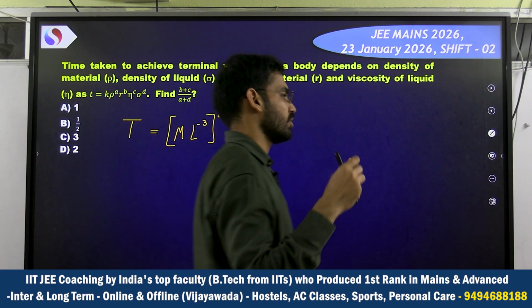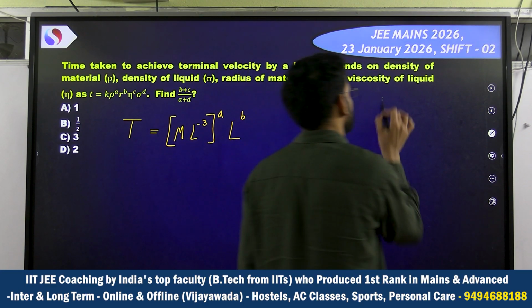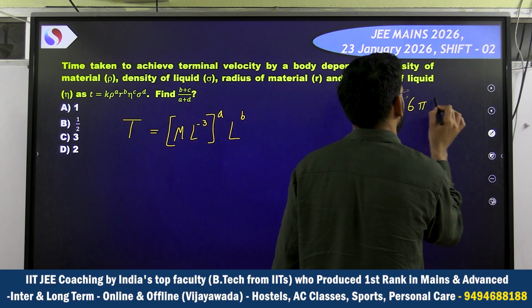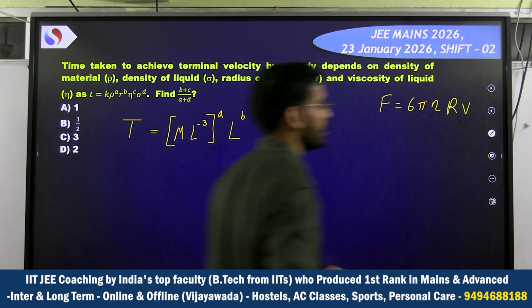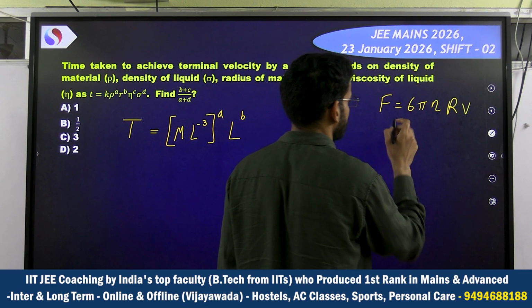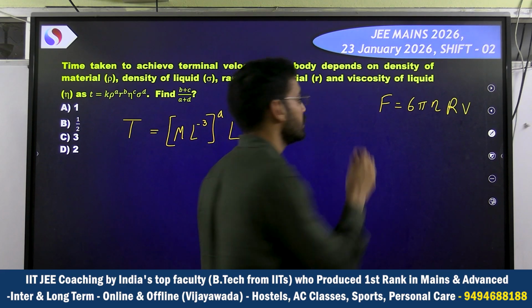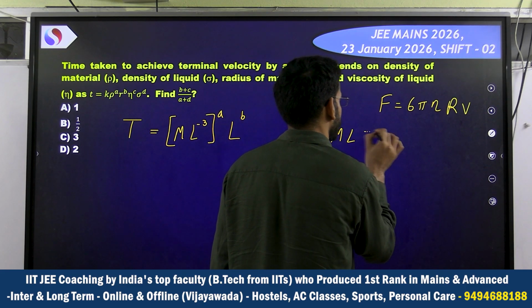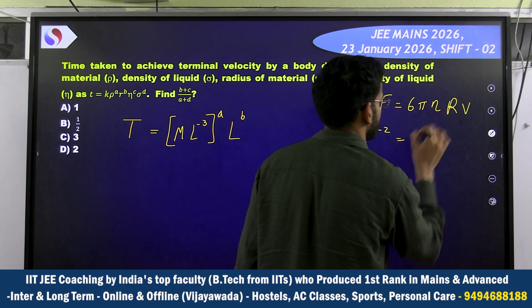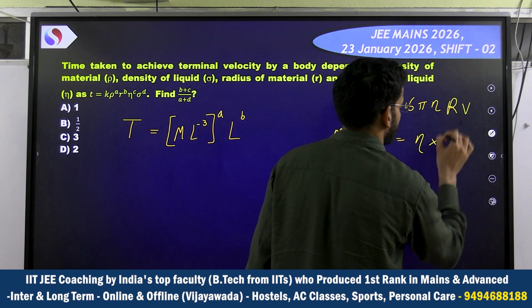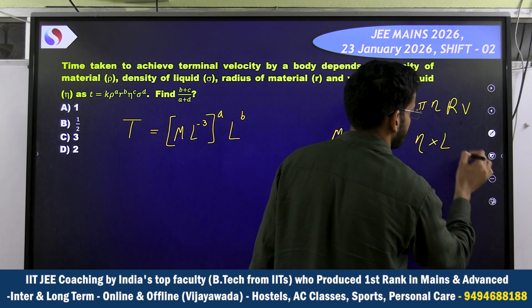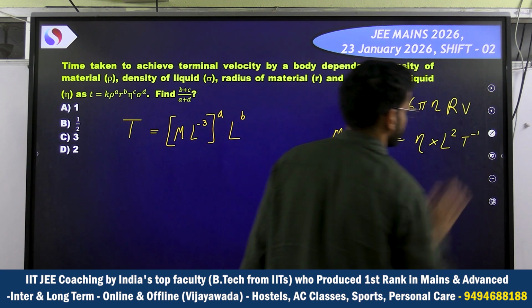The formula coming to my mind is f equals 6 pi eta r v. Here 6 pi is a constant. Force is mass into acceleration, so m l t to the power -2 equals eta, r is length, and velocity is length per unit time, so length into t to the power -1.